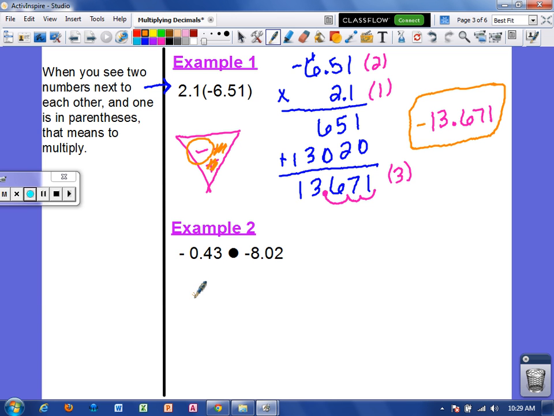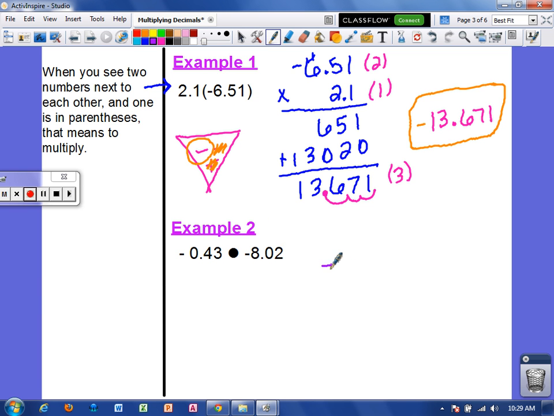Example 2, we have negative 0.43 times negative 8.02. Now, these numbers have the same amount of digits, so it doesn't matter which one goes on top and which one goes on bottom. But I'm going to put the 8.02 on top.